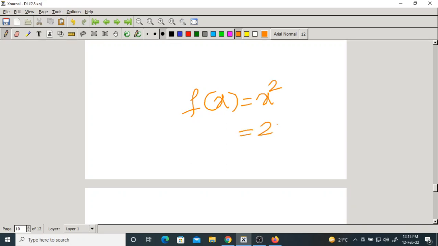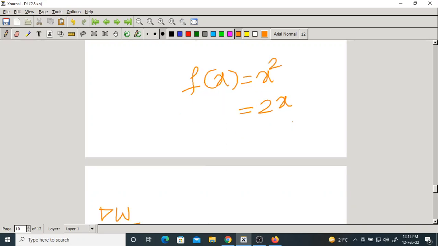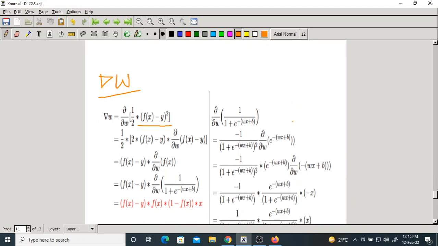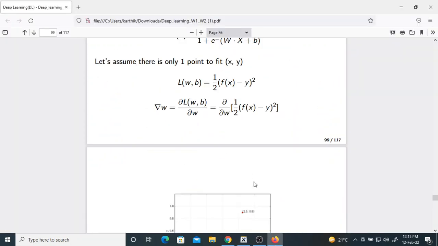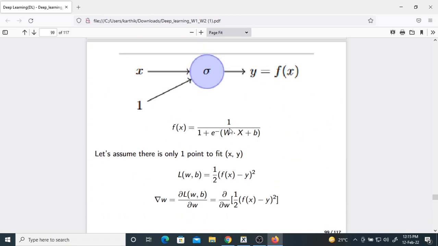It is 2x. But here it is 1 by 2 into 2 into f of x minus y. Again we have to take the partial derivative of f of x minus y. Please remember, f of x is a function of variables w and b: 1 by 1 plus e power minus w dot x plus b.